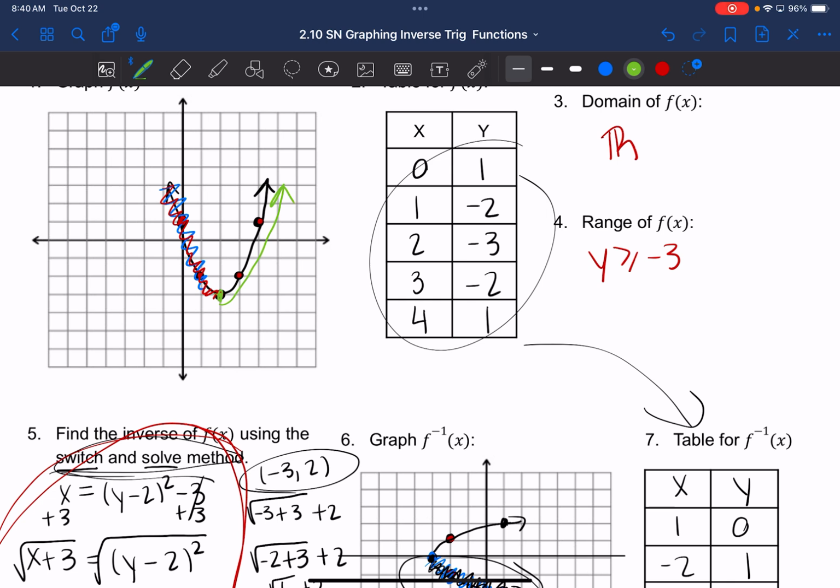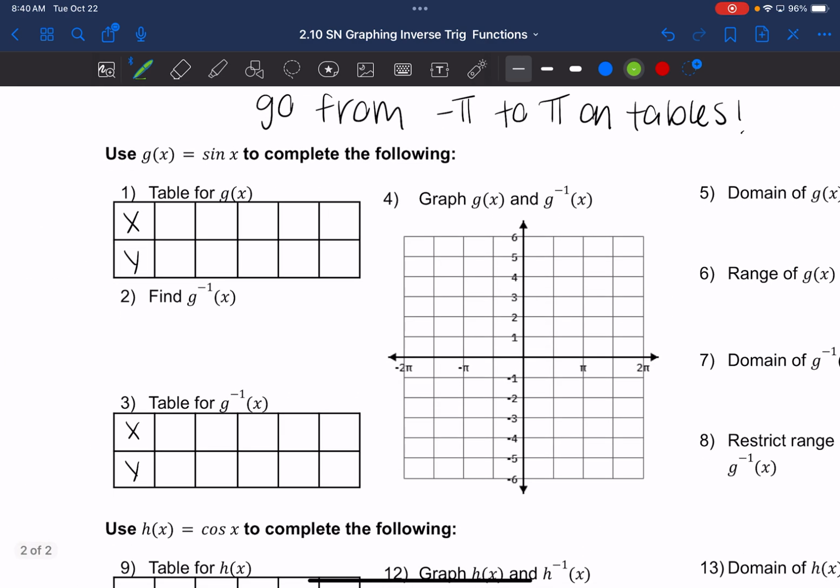No, we graph some on both sides of 0, right? So anytime you're coming up with what a function looks like, you want it to be evenly balanced across your 0, your origin. So for all of these, we are going to graph or put in points from negative pi to pi instead of from 0 to 2 pi. That way we've got some on both sides of our 0, okay?